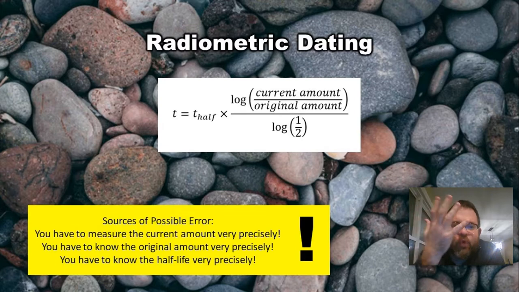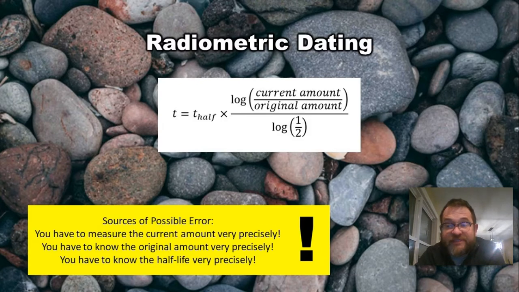It's incorporated into all these minerals that are in there. It's just one of the atoms that makes up the molecules that make up the minerals. It's a difficult thing to measure. And for that matter, figuring out the original amount is a difficult thing to measure, but these are things that scientists do all the time. It is a well-established process on how to do it. Similarly, you have to know that half-life very precisely. Again, that's the kind of thing you can look up in a table or something like that, or in the case of the lab day, I just give you.